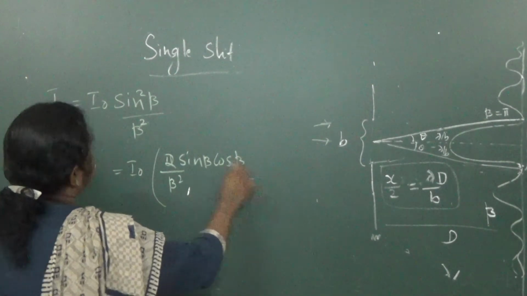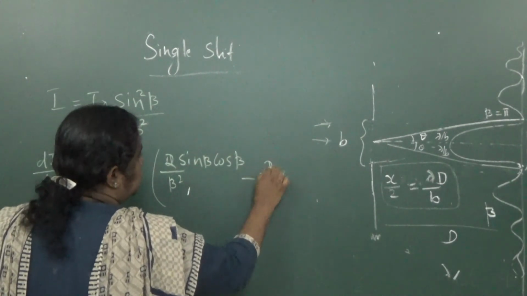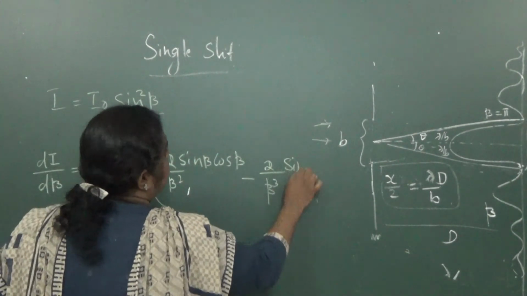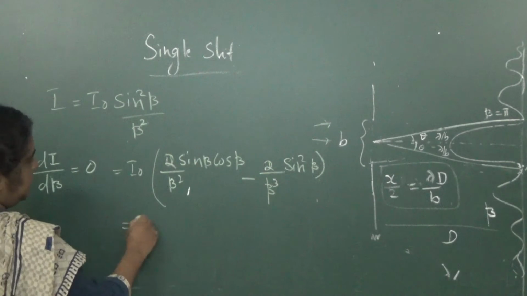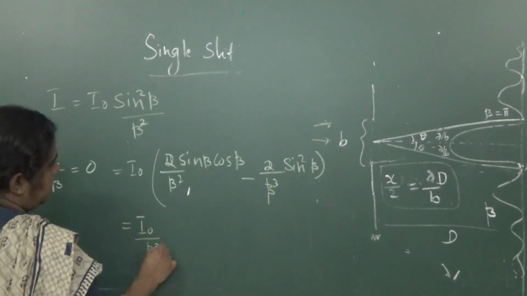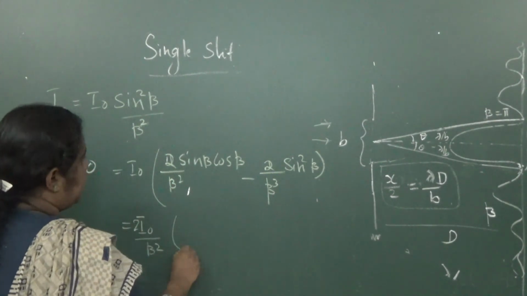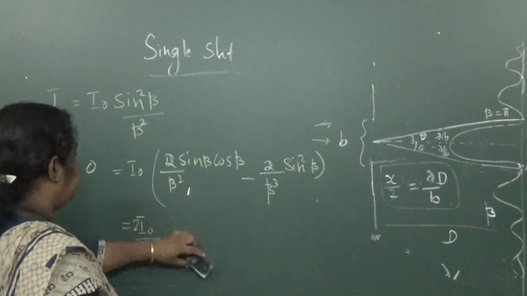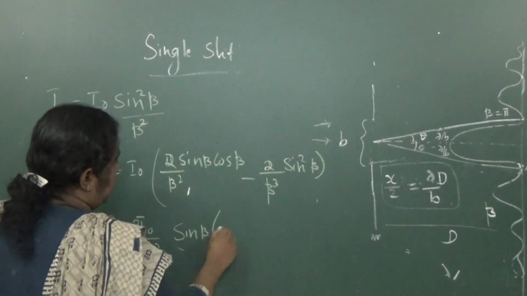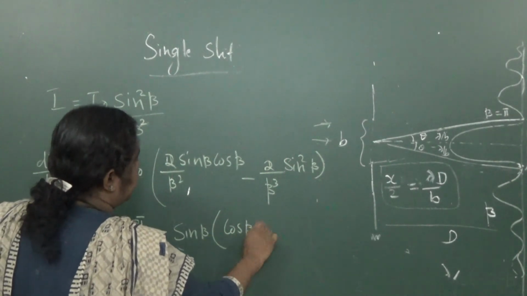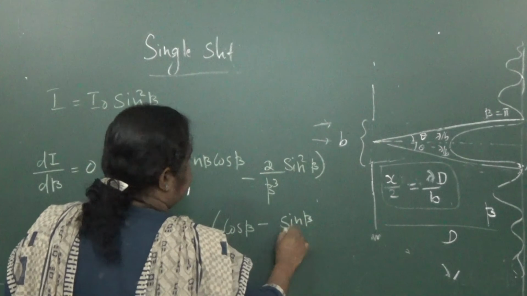Okay, minus 1 by beta cube into minus 2, minus 2 is the term, and sin square. Okay, sin square. I can take I0 by beta square, then 2I0 by beta square, then sin beta is common, sin beta cos beta minus sin beta by beta.